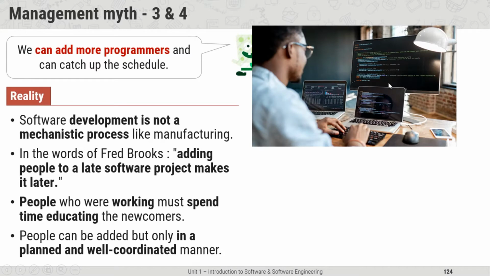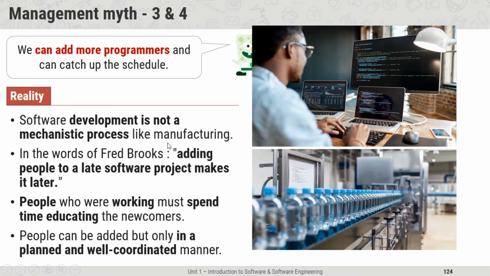In software engineering we follow a process: designing, development, testing, maintenance. In manufacturing, they do one kind of process and produce a lot of products in a batch. So software development is not a kind of manufacturing.